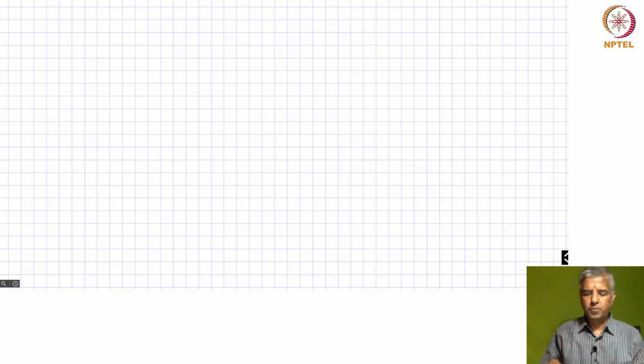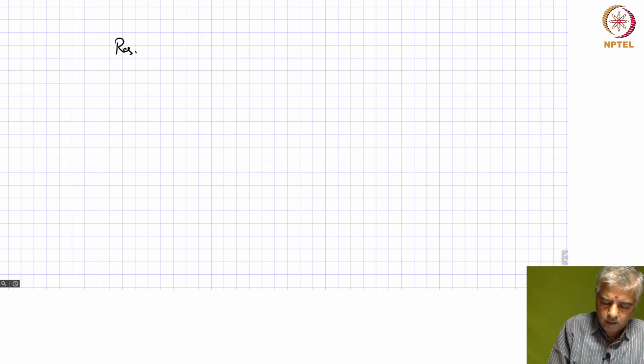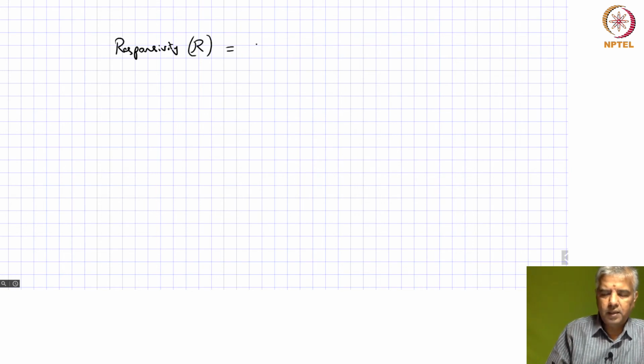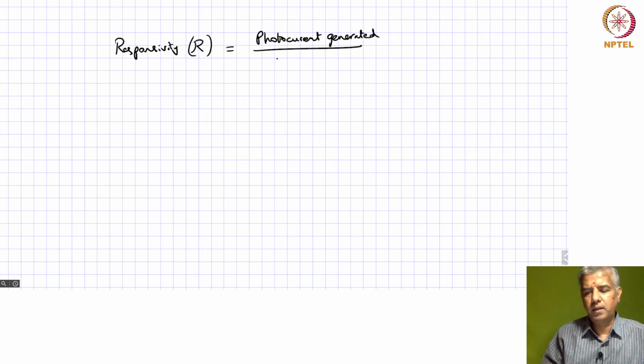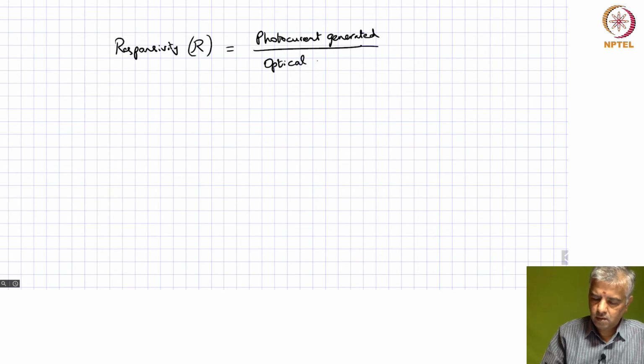The responsivity of the photodiode, denoted by R, is given by the photocurrent generated for a unit amount of optical power incident on the photodiode.